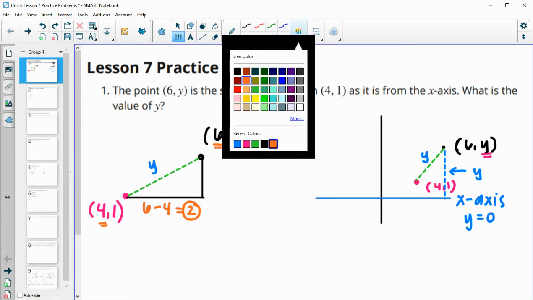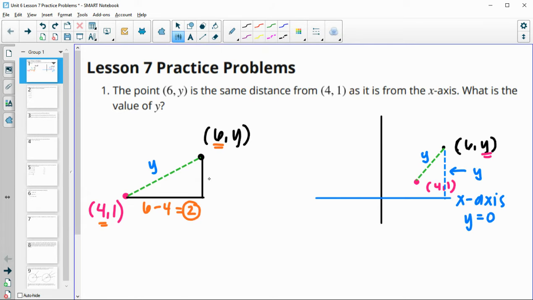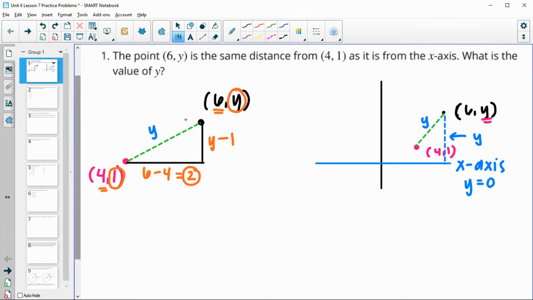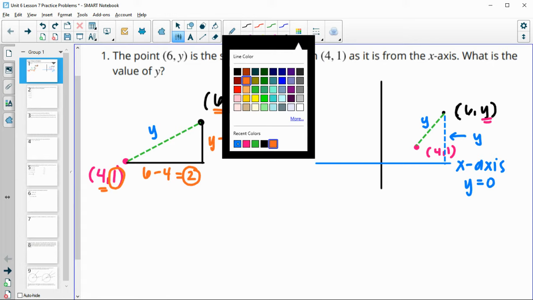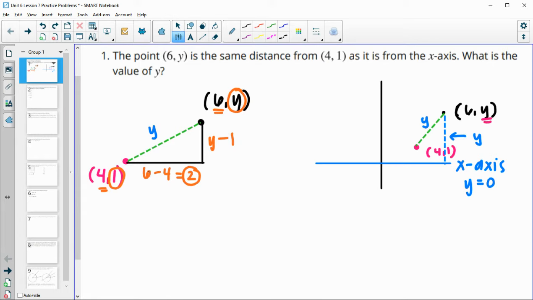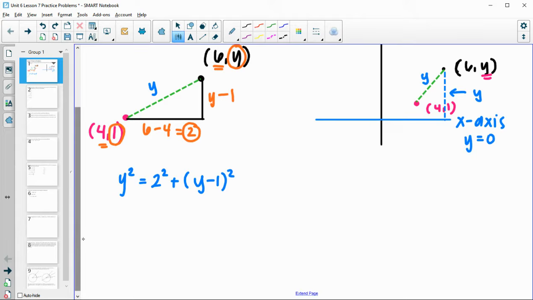And then this height here is going to be subtracting the y's, so y minus 1. That's all we can do for that one. So then we'll plug this into the Pythagorean theorem. We know that c squared, which is y in this case, is equal to a squared, which is 2 squared, plus b squared, which is (y minus 1) squared. Now they actually want us to come up with the value for y.